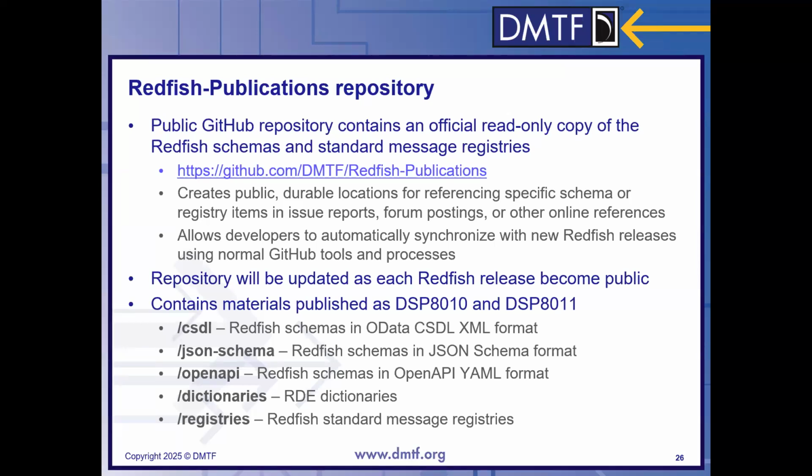So /CSDL is the Redfish schemas in the OData CSDL XML format. /JSON-schema is all of the Redfish schemas in JSON schema format. /OpenAPI is the Redfish schemas in the OpenAPI YAML format. /dictionaries is the RDE dictionaries, which are actually a form of schema. And then finally, /registries is all of our standard message registries.